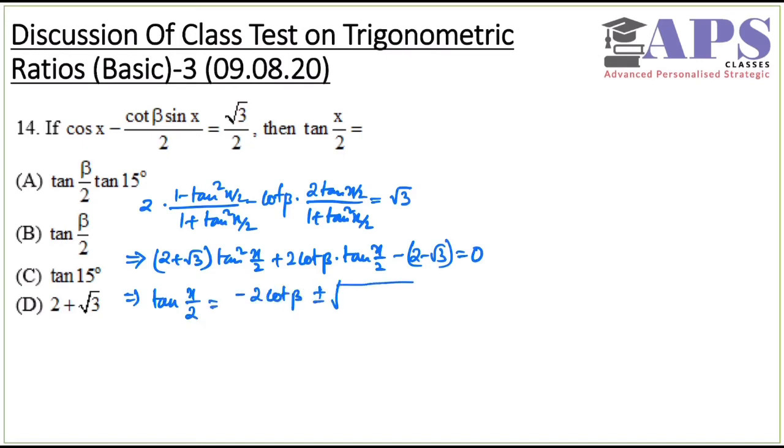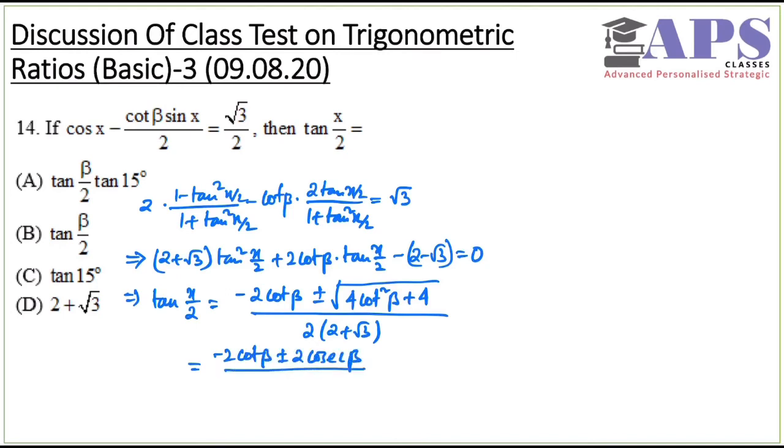plus or minus root under b square minus 4ac, that is 4 cot square beta minus 4ac will be plus 4 divided by 2 into 2 plus root 3. That's minus 2 cot beta plus minus 2 cosec beta divided by 2 into 2 plus root 3.